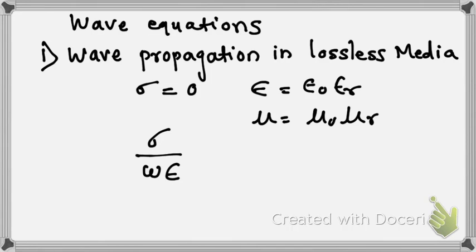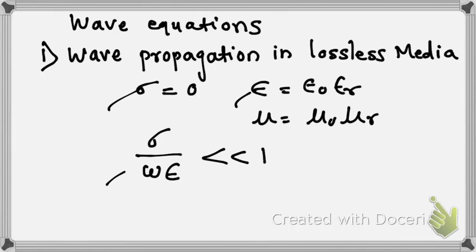When we take the ratio of displacement current density and conduction current density, it gives us this ratio sigma upon omega epsilon. Sigma is the conductivity of the medium. As this conductivity is 0, this ratio will become very much less than 1. So, for lossless media, three considerations: sigma should be 0, epsilon is equal to epsilon naught epsilon r, and mu is equal to mu naught into mu r.